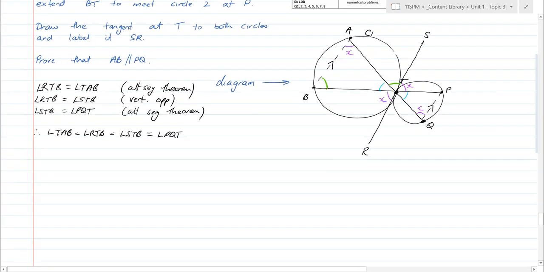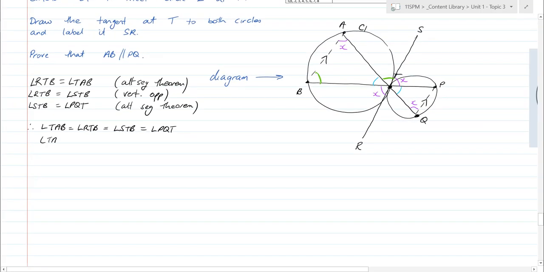And so, angle TAB equals angle PQT. And therefore AB is parallel to PQ as angle TAB and angle PQT are corresponding.